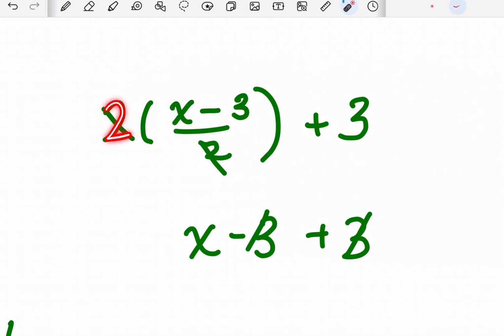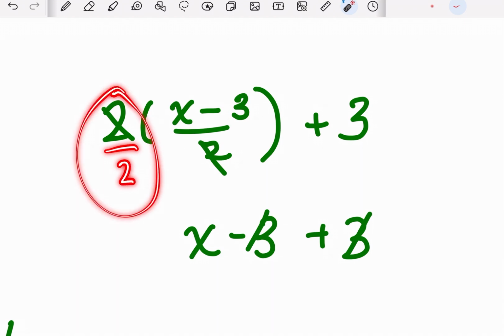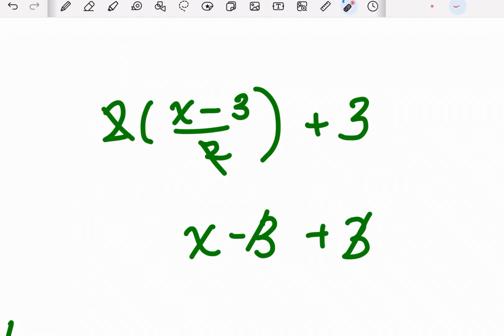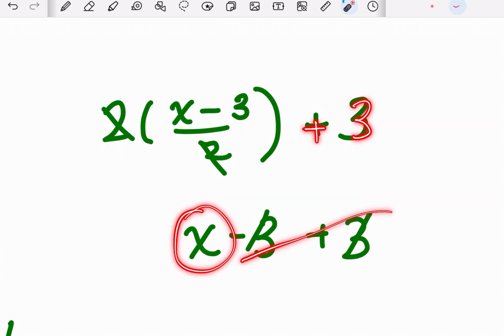Think about it. This 2 is just 2. It's not 2 over 2, because if it was 2 over 2, it would be 1. So if it helps, put this over 1 so that you can really see these 2's are going to cancel out. Then you have x minus 3 left, and then you add that 3 at the end. Those cancel out, leaving you with just x.